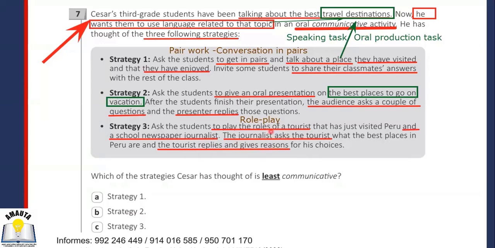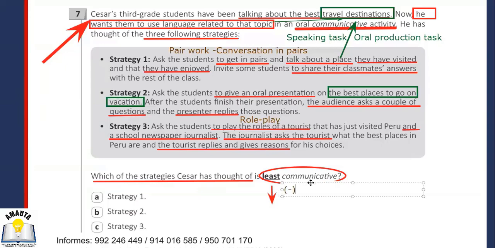Now, the question here is, which of the strategies Cesar has thought of is least communicative, right? The least communicative. Not the most, the opposite, the least communicative, all right?